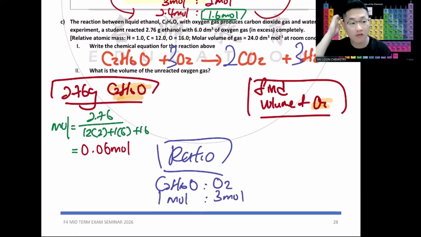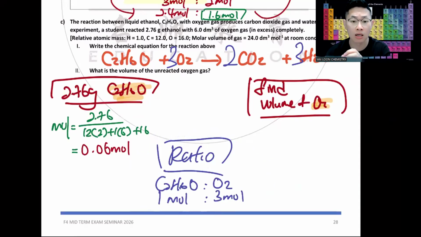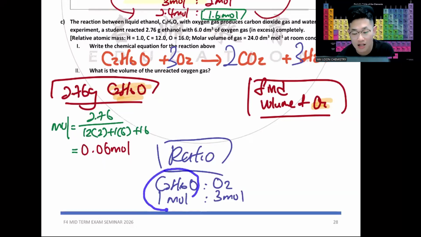Oh, by the way, if your school teacher wants you to write the ratio in sentence form, then you have to write the sentence form. The one you have to keep on writing from the equation. From the equation, 1 mole of ethanol reacts with 3 mole of O2.